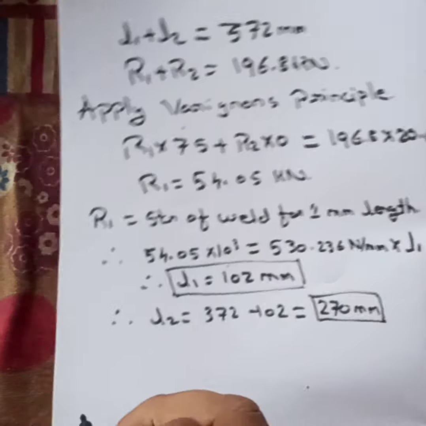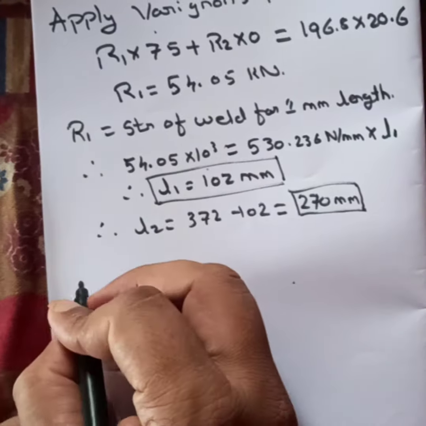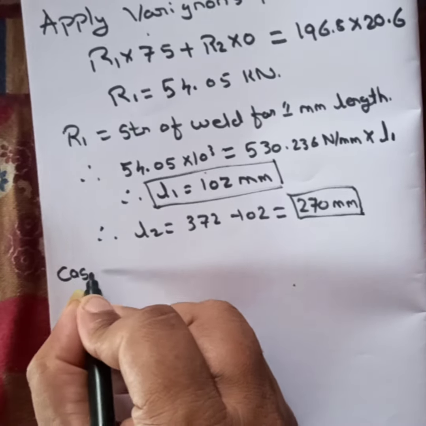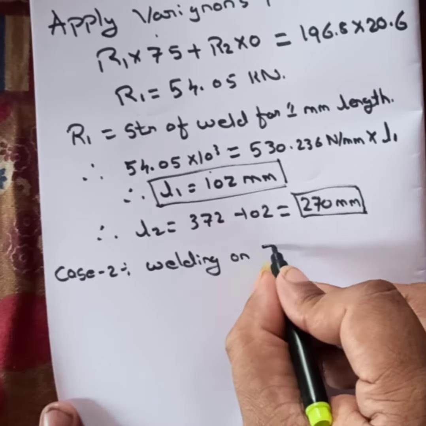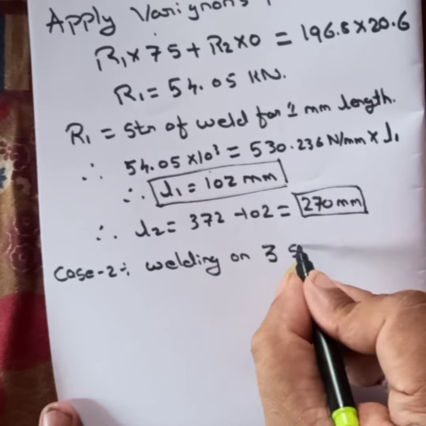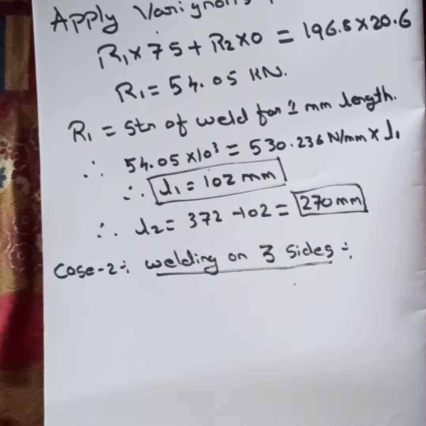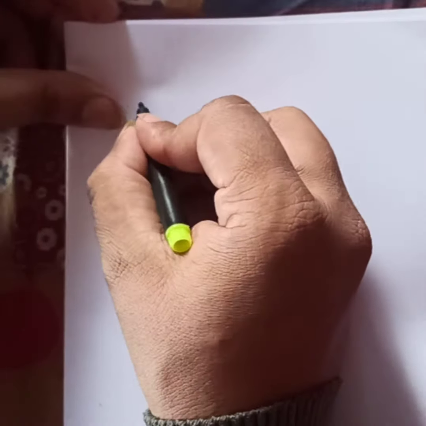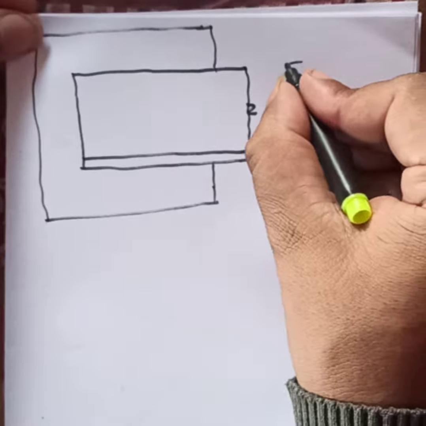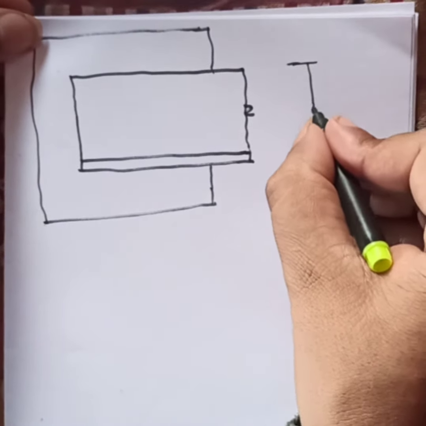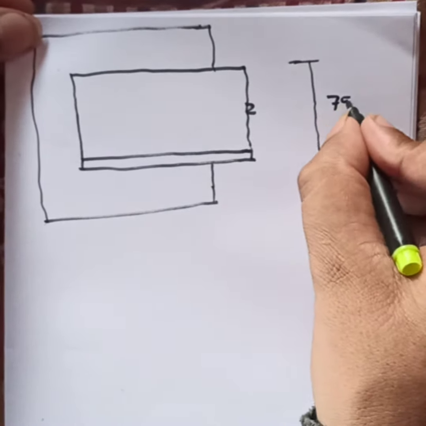Now let us take the second case, that is case 2, welding on 3 sides. Now see carefully here, we have this figure, I will draw it here. This total is 75 mm.